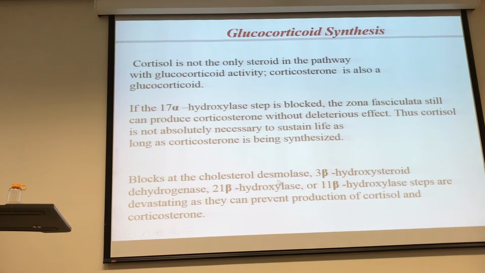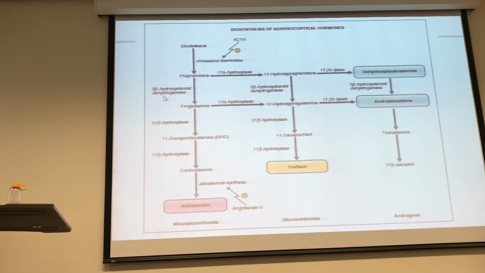The blocks at the cholesterol desmolase, 3-beta hydroxysteroid dehydrogenase, 21-beta hydroxylase or 11-beta hydroxylase steps are devastating because they can prevent the production of cortisol and corticosterone. So if you have a block here, or here, or here, or here, these 4 enzymes, if you block them, you cannot produce corticosterone or cortisol.